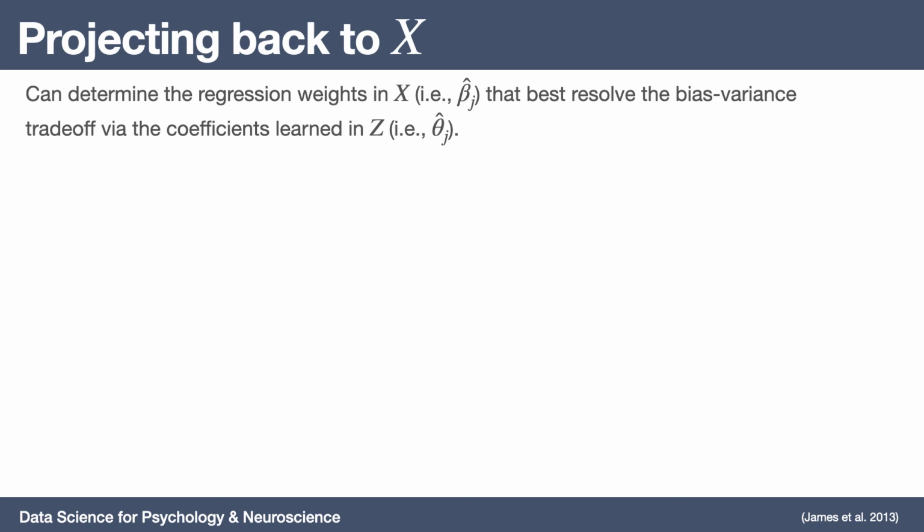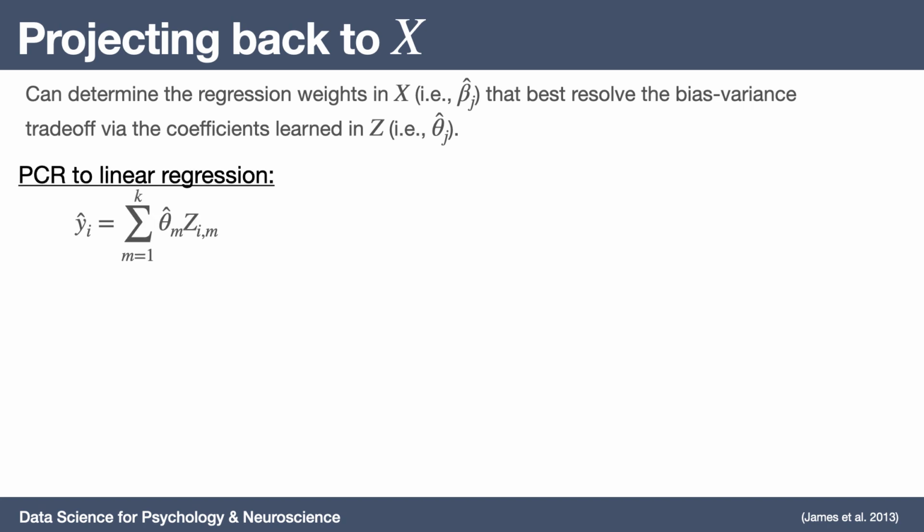Effectively, by forcing your linear regression to work on the subset of principal components that are most meaningful, and remember, each component is linearly independent of the next, so it meets that core assumption of linear regression, you're automatically learning the best model that balances the bias variance trade-off. But because you can project your components back into your data space, you can show what that model looks like in your raw data space as opposed to principal component space.